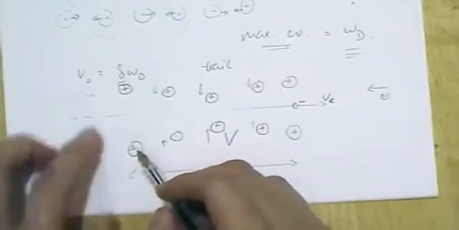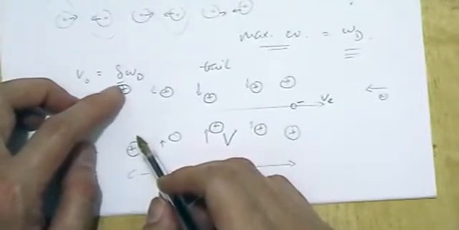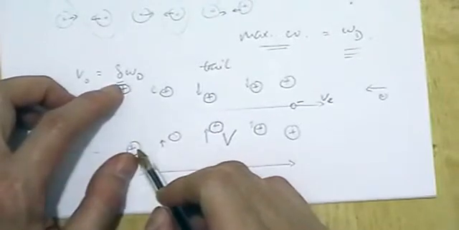As this electron moves away, those two ions will start moving towards each other, and after reaching the maximum displacement, they would start moving back, and they would have arrived back at the rest position just when that electron reaches here.